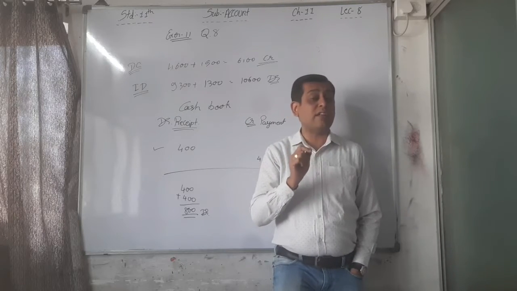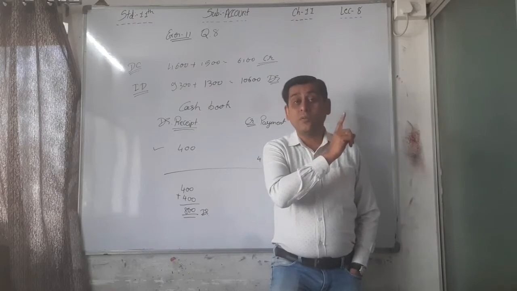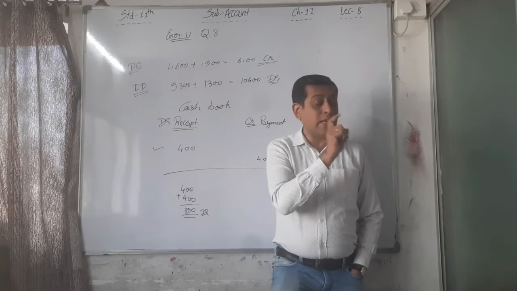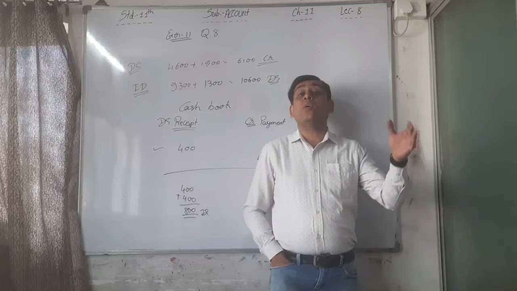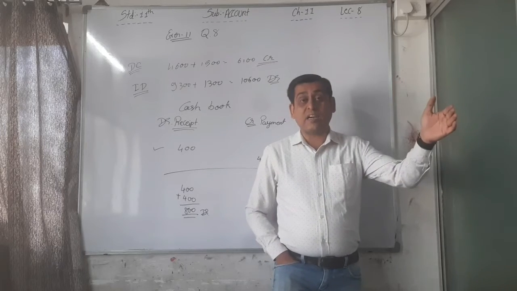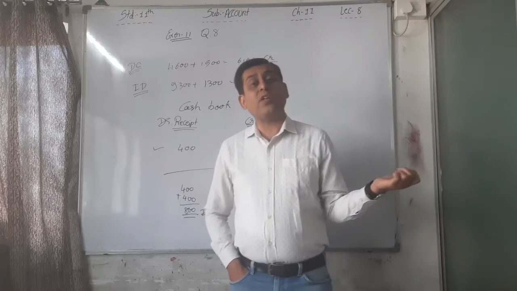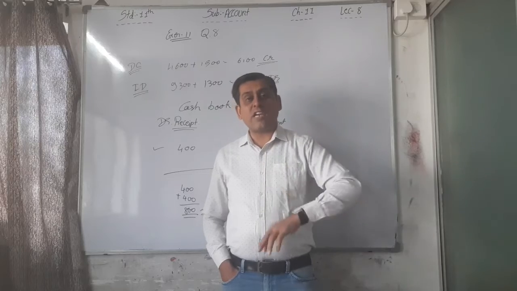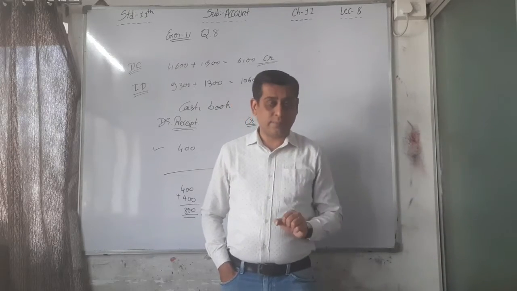Then we have to record. We are depositing that check, 2300 check in the business account. We have to deposit that particular check in which account? In the business account. But bank do what? Bank do this, credit this particular amount in our personal account. So the balance of cash book and the balance of business bank account is not tallying.